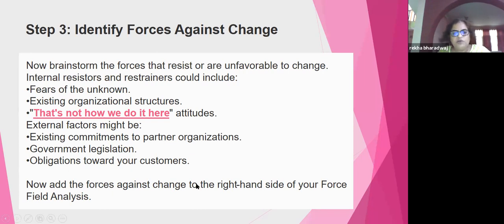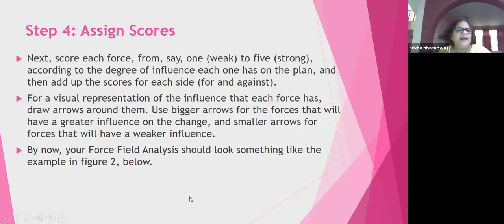Now add the forces against change to the right side of your force field analysis and score each in terms of their weakness or strengths and the degree of influence each one has, and then add up the scores for and against them.